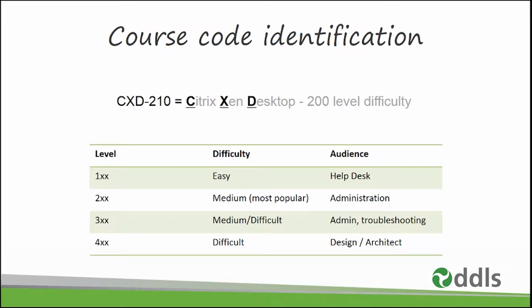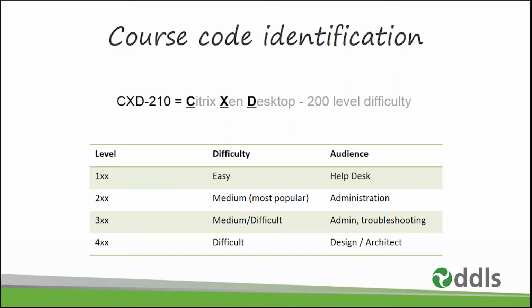Now, to give you an idea of the different levels from 100 to 400, I'll quickly run you through them. 100 is a pretty easy level course. These courses can run maybe 30 minutes to an hour, or a couple of hours, or even sometimes a day or a couple of days. They're fairly easy, and usually aimed at help desk type support staff.